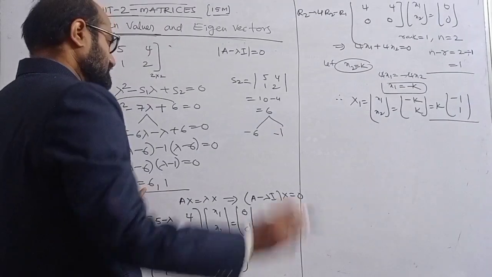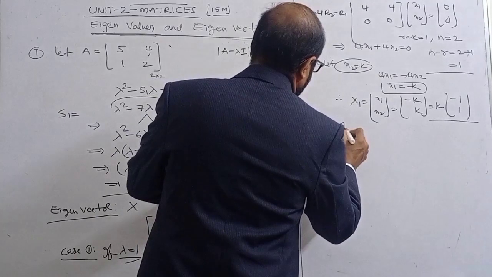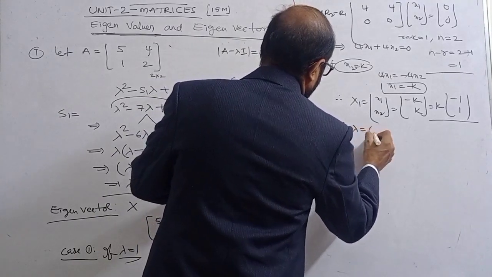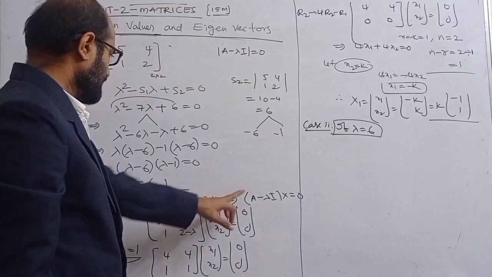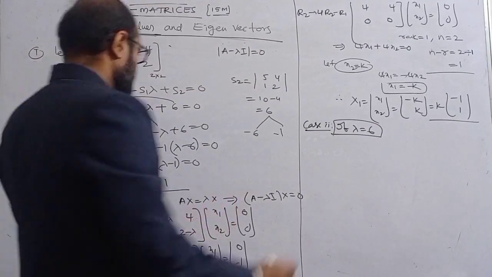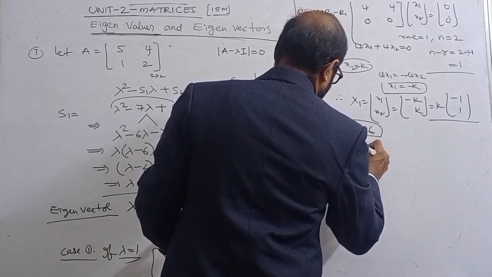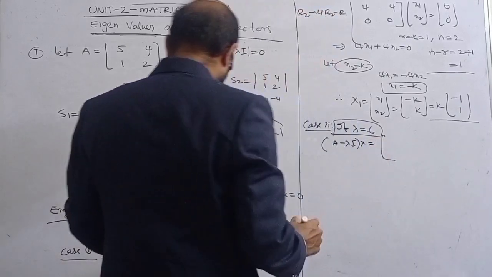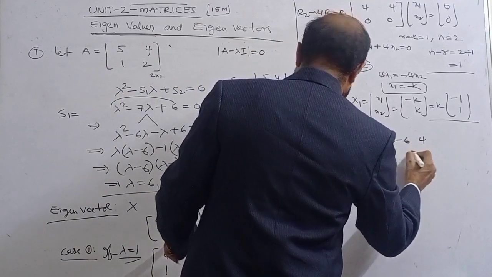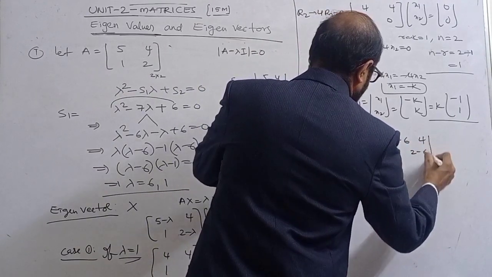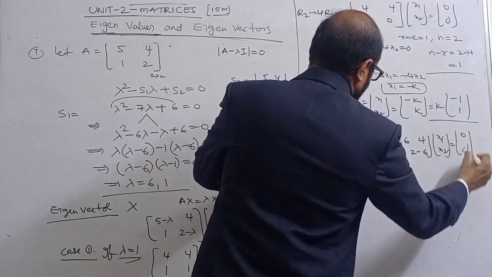Next, case 2: lambda equal to 6. You substitute it in A minus lambda I, which is 5 minus 6, 4, 1, 2 minus 6, into x1, x2 equal to 0, 0.